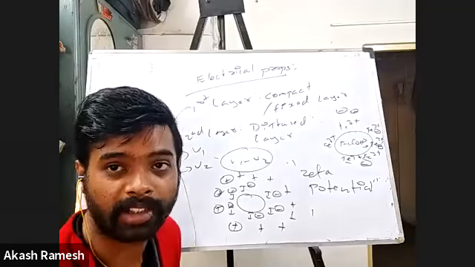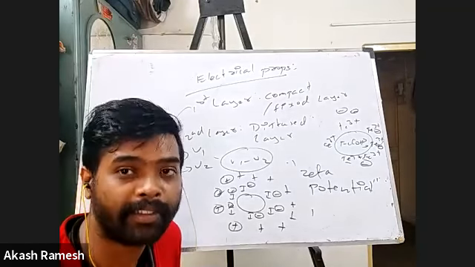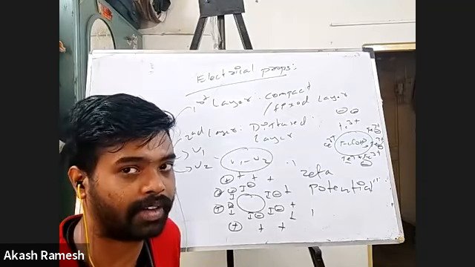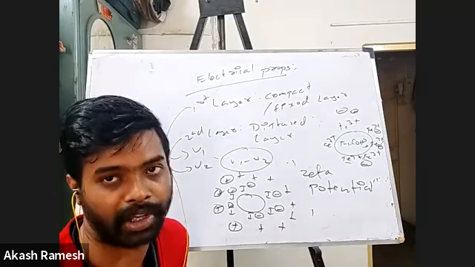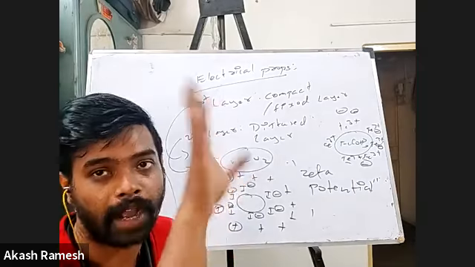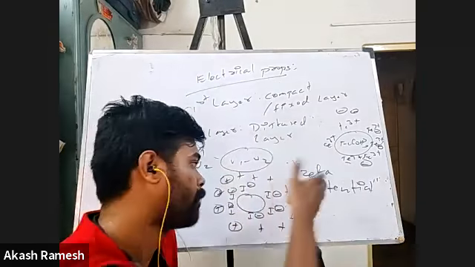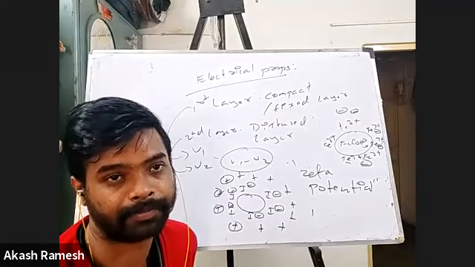So what is zeta potential? Zeta potential is the potential difference between the fixed layer or compact layer and the diffused layer. Between those two, they have their own potentials, and that potential difference is what is called your zeta potential.